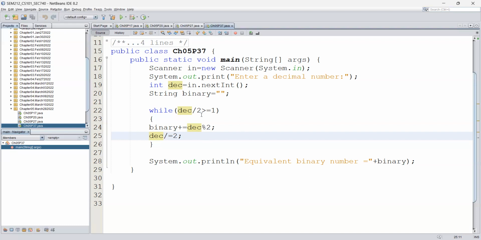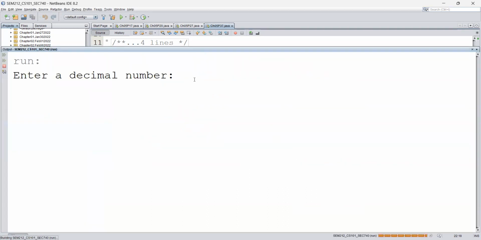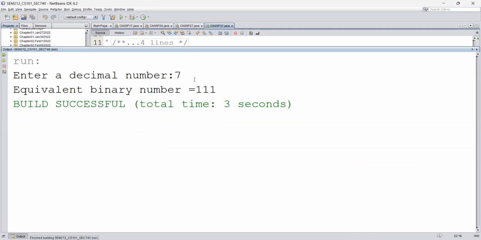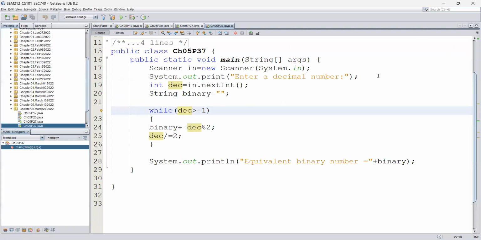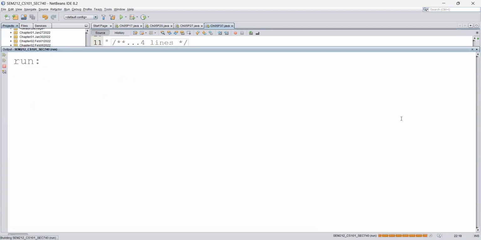This is 2. Now we got it. Okay, look here. We got it.